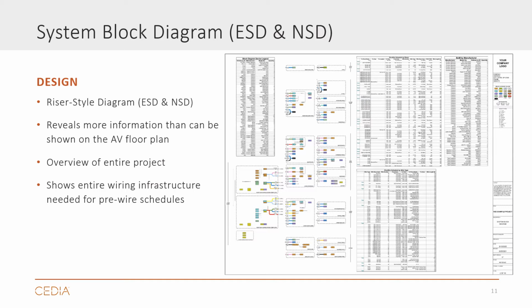Design, the system block diagram. Here we had to develop a unique diagram which bridged a previously huge gap between the AV floor plan and the wiring schematic drawings. Integrators were jumping right into creating the wiring schematics without first seeing the overall big picture of the whole system.